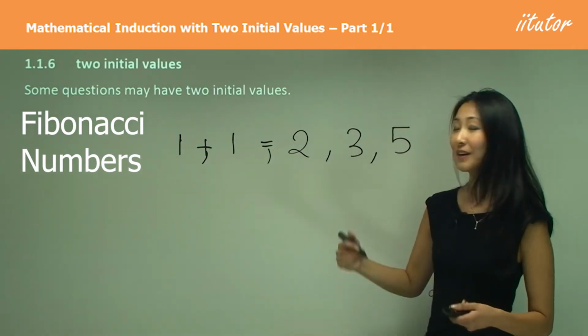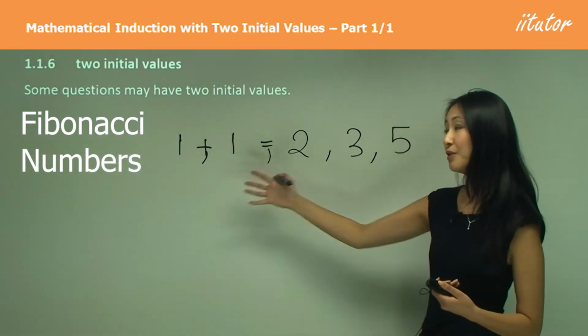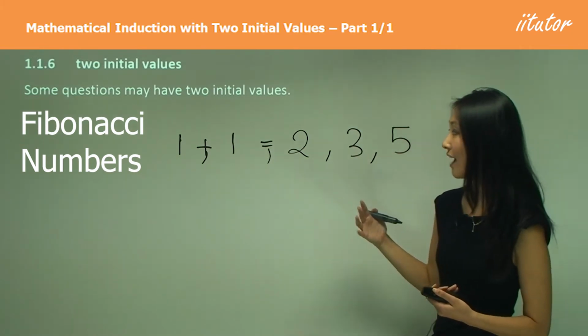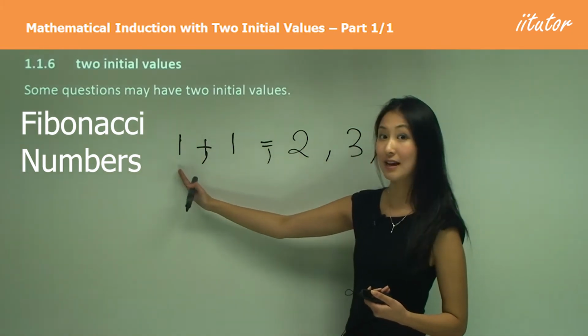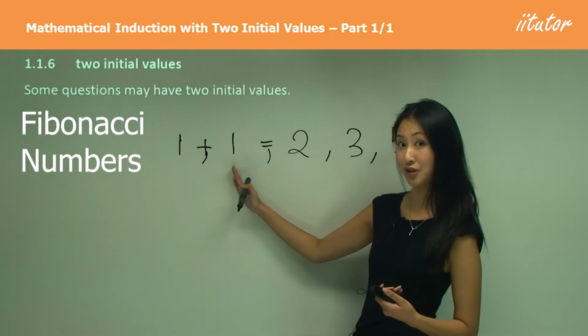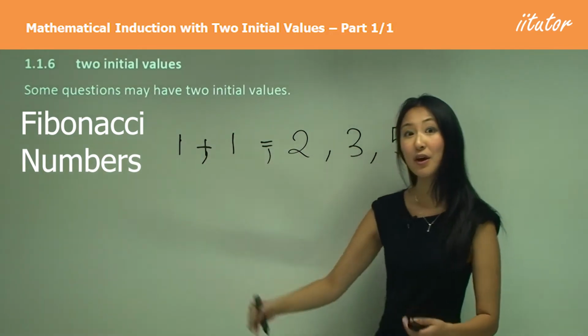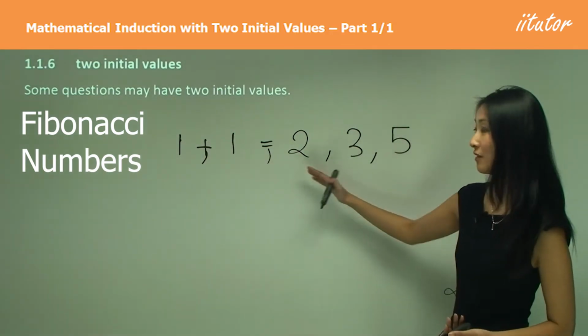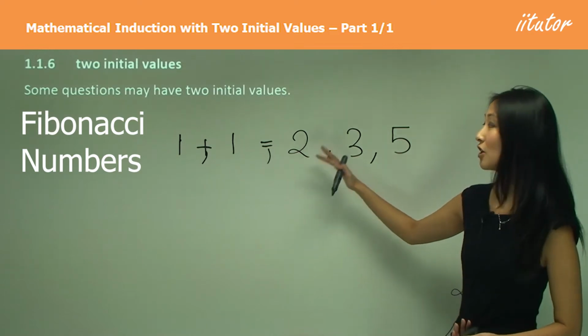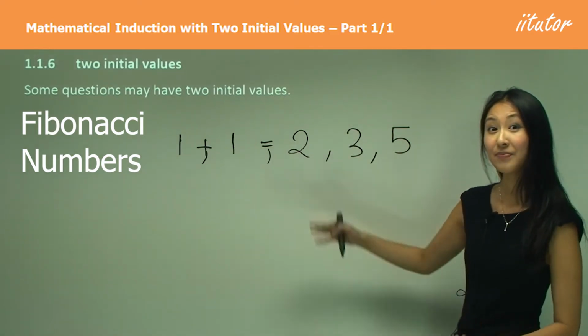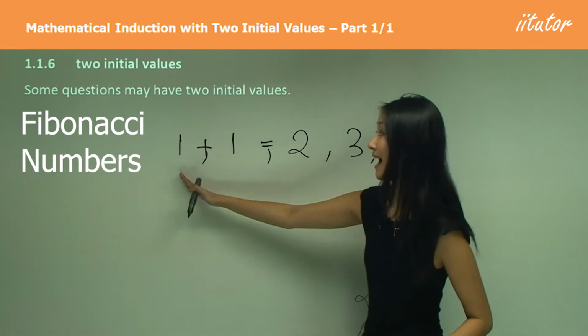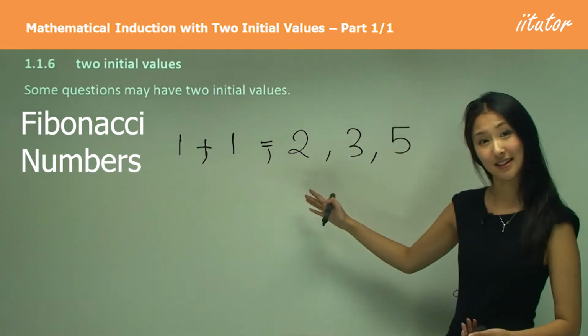So therefore, can you imagine if we wanted to prove this, we would not only have to prove the first n equals 1 and n equals 2, so the first two values, we would also have to prove the third value, because it's only when we prove the third value that we can prove that yes, that relationship does exist.